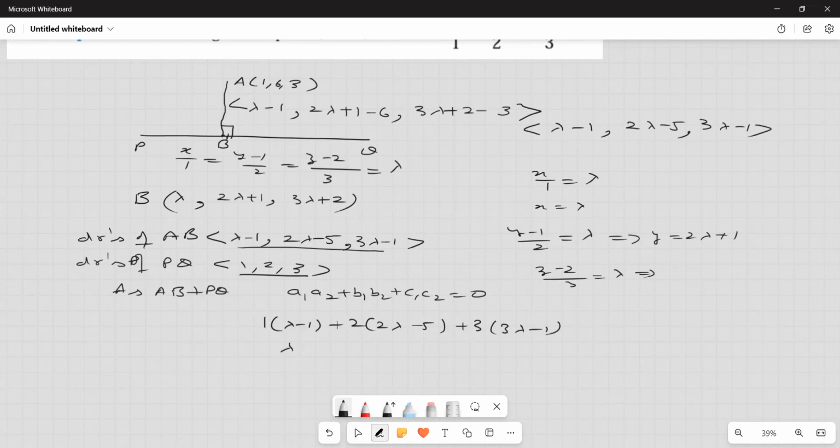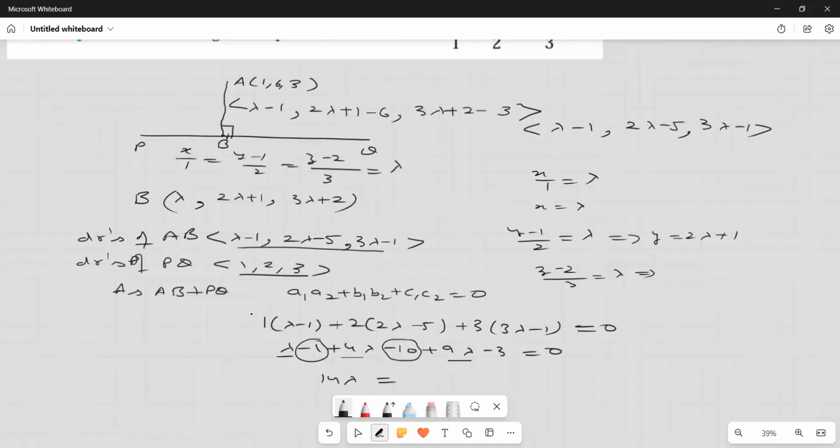You get lambda minus 1 plus 4 lambda minus 10 plus 9 lambda minus 3 equal to 0. So lambda plus 4 lambda plus 9 lambda is 14 lambda, equal to 1 plus 10 plus 3, which is 14. So lambda is equal to 1.